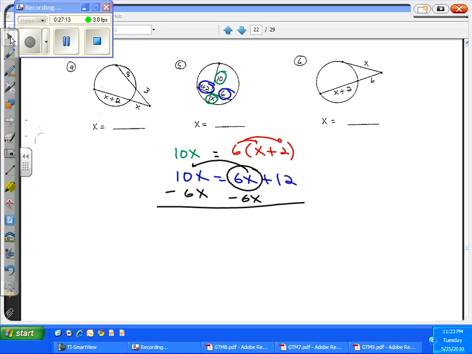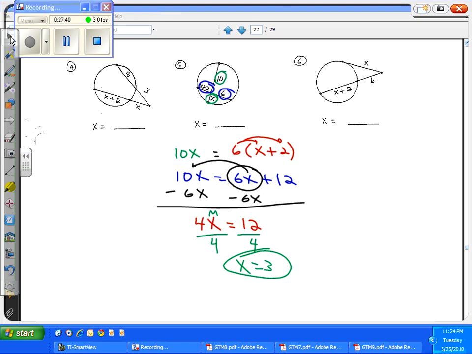There was nothing we could do to simplify, so that took us to the bottom of the horseshoe. So now we've got 4x equals 12. We're going to undo multiplication by division, and we get x equals 3.